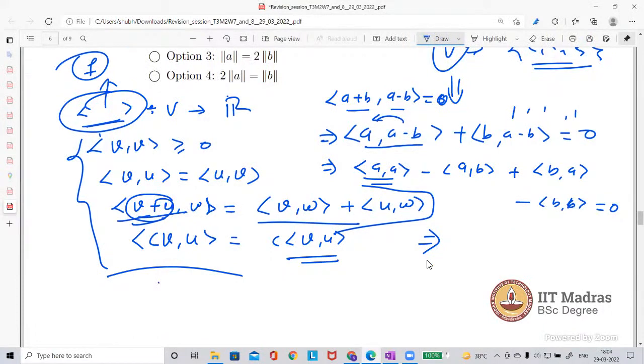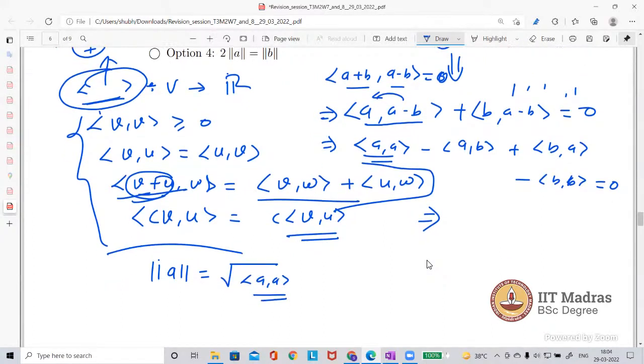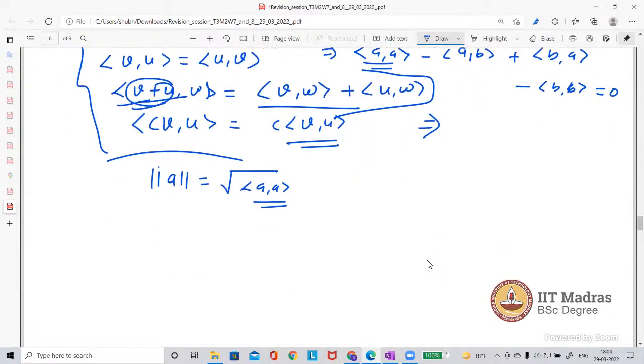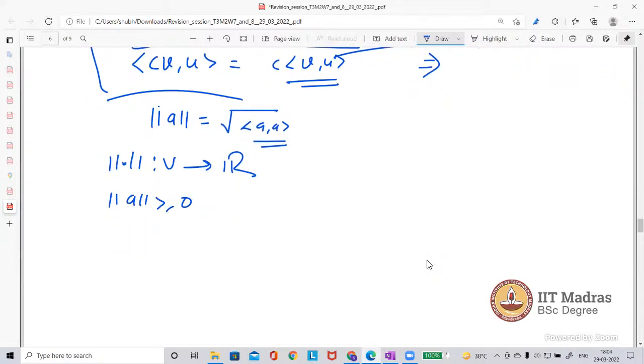So there is another concept, which is the norm of A. The norm of A is the square root of the inner product with itself. This is the norm definition. And a norm is nothing but a function from V to R satisfying certain properties. The first property is positivity.